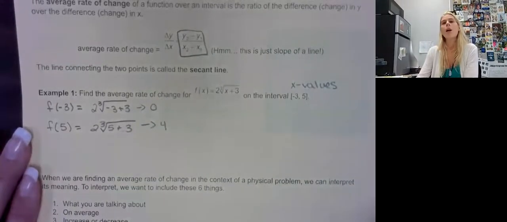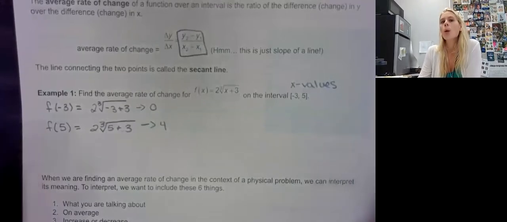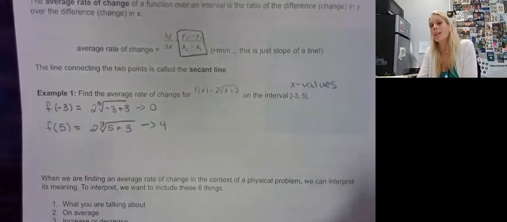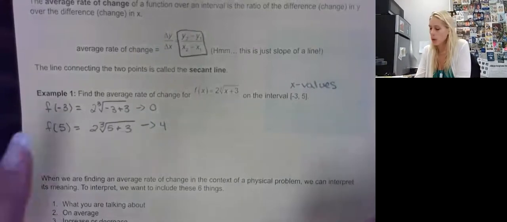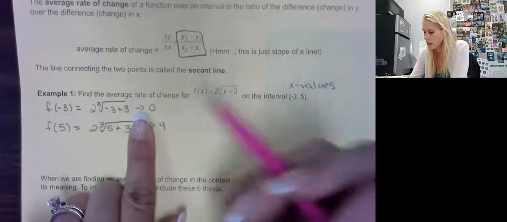Okay. Now that we have our x and y values, we're going to put them in the average rate of change equation. When you deal with y1 and y2, it doesn't matter which one's which, as long as the x and the y match up. So remember, my y's are 0 and 4.